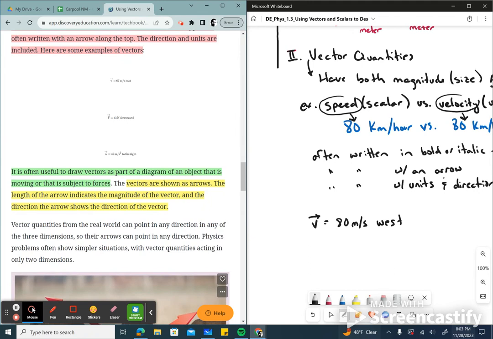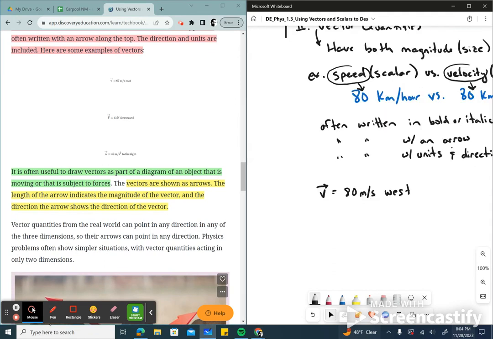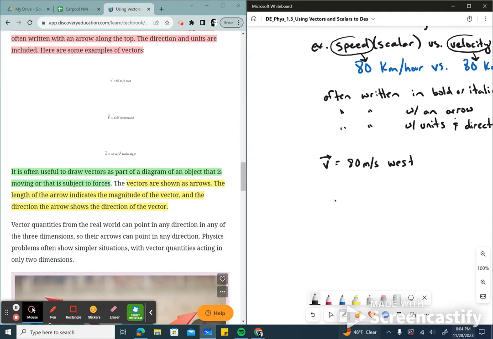It is often useful to draw vectors as part of a diagram of an object that is moving or that is subject to forces. So we've seen vectors in diagrams. We've drawn them as maybe a force is pushing a box with 4 newtons of force.